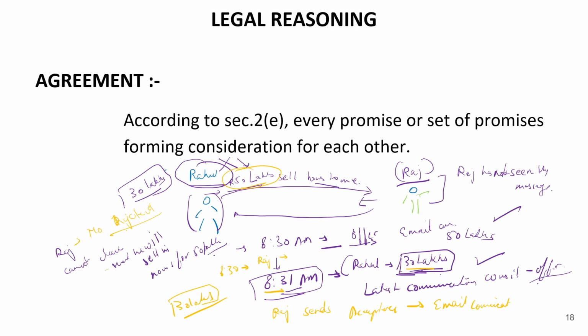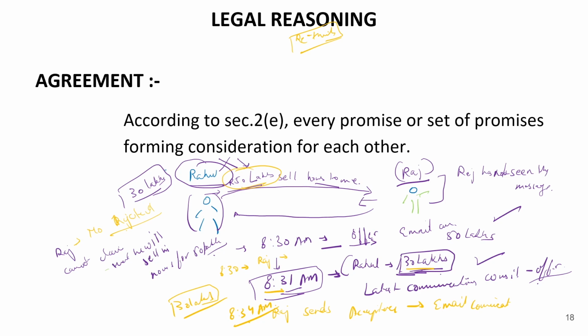And after sending the email at 8:31 a.m., at 8:34 a.m., Raj again gets a little bit confused and rethinks that I don't want to sell my house as of now because there is no point of selling the house. So now the communication has already been sent to Rahul.